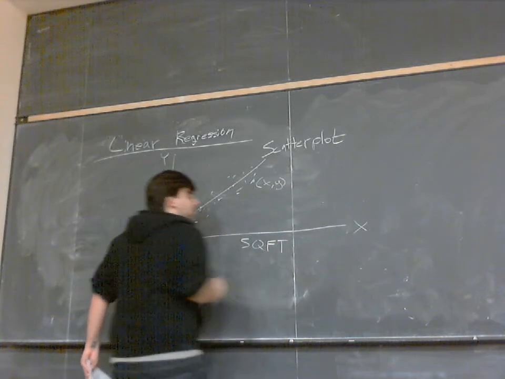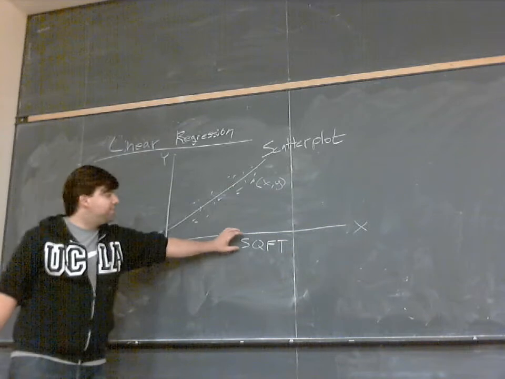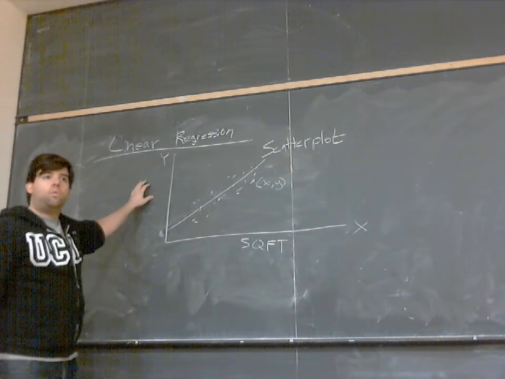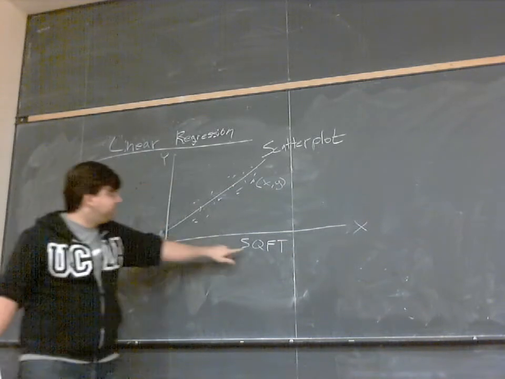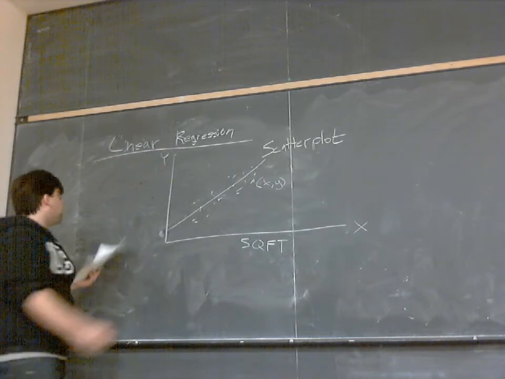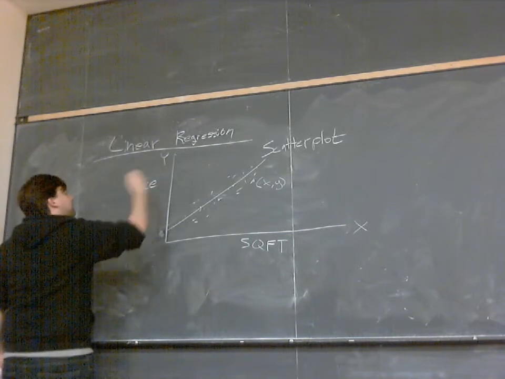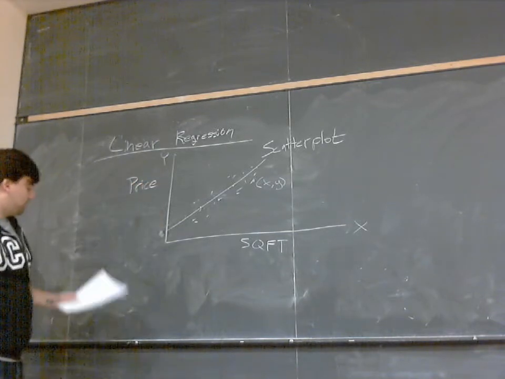Our x variable, we often call the explanatory variable because we want to use the x variable to explain y's behavior. So what I have here is square feet, SQFT, and we want to use that to try and predict home price, the price of a house based on square footage.